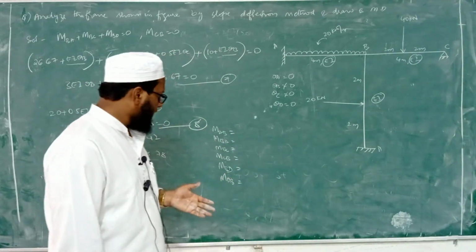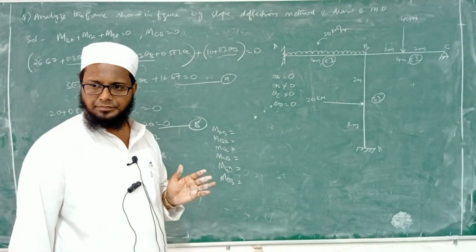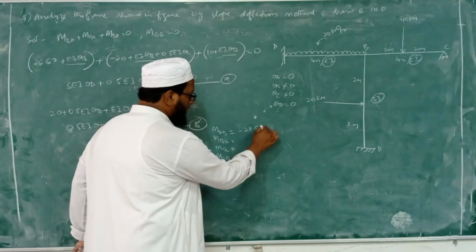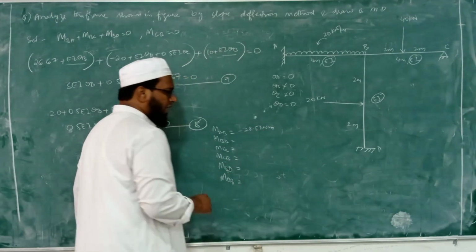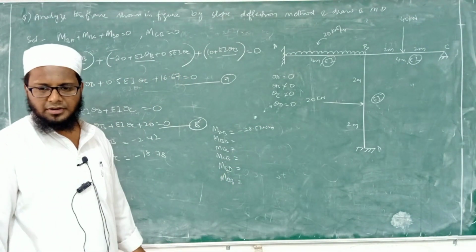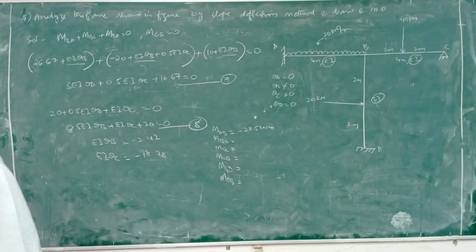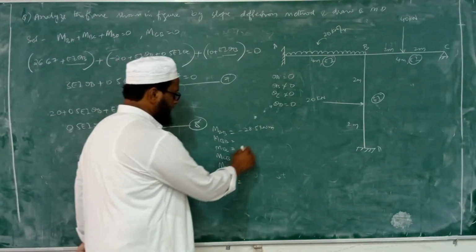Okay. So what is the value of MAB? Minus 28.59 or 5 kilonewton meter. Next, what is the value of MBA? Then 24.25 I think.